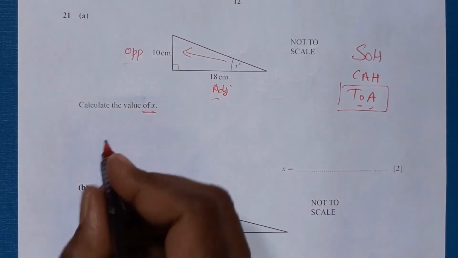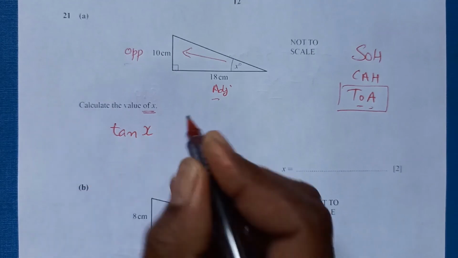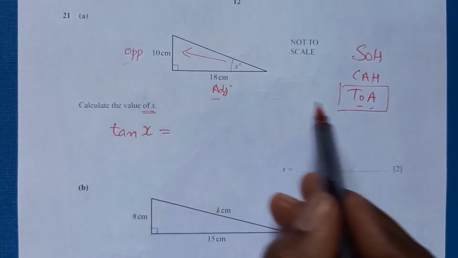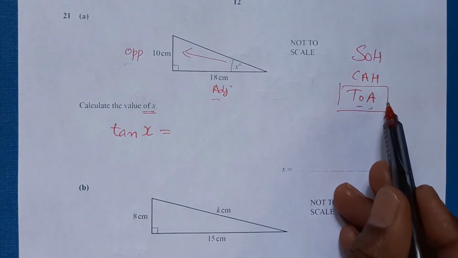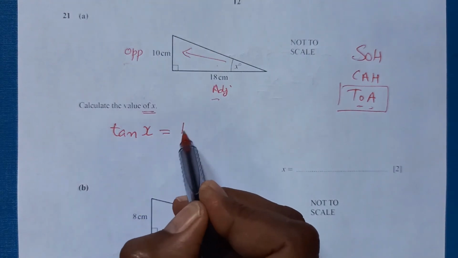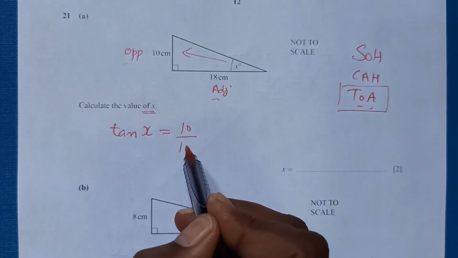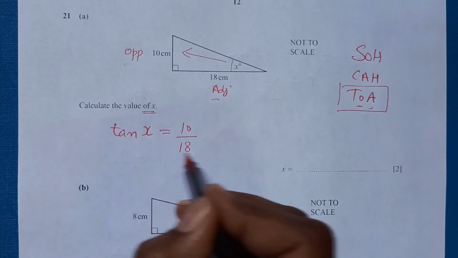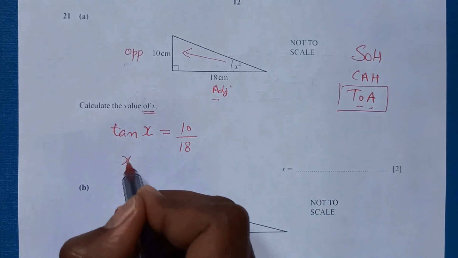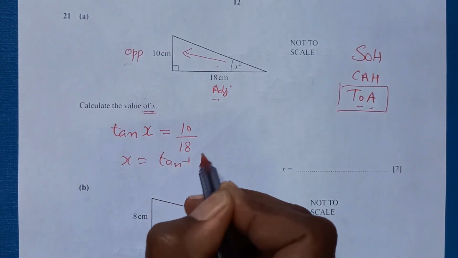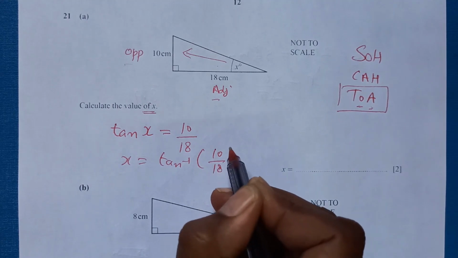So tan of x will be equal to opposite over adjacent. Opposite is 10 and adjacent is 18. So x can be written as tan inverse 10 over 18.